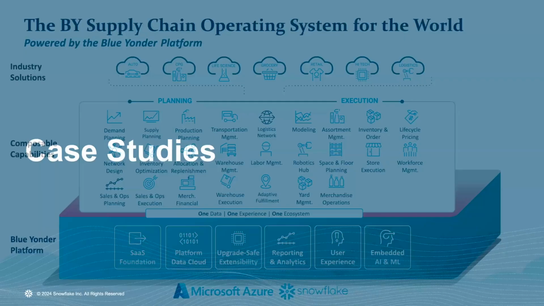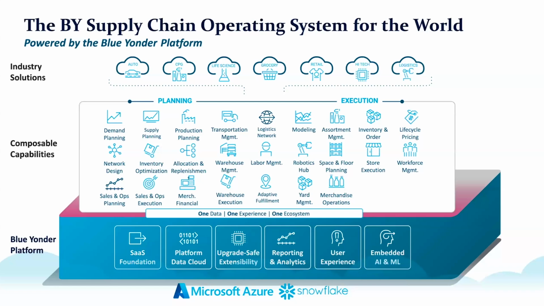Very quickly, I want to just talk about a couple of case studies. So this supply chain example that we used here was inspired by our work with a company called Blue Yonder. They're the leader in the supply chain solution space. They have a very complete, very sophisticated solution for supply chain planning and supply chain execution, with lots and lots of different modules.